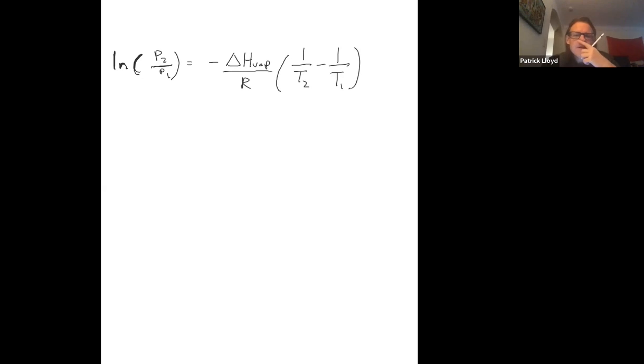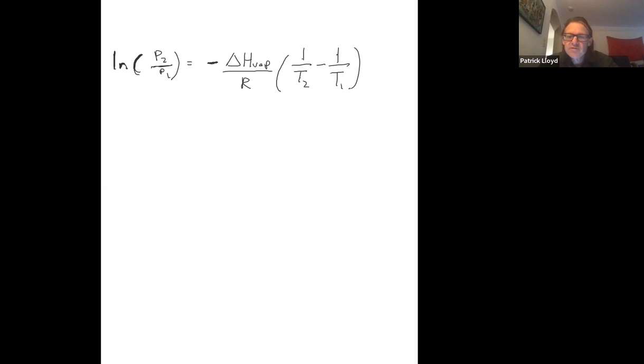Now, it's not uncommon for people to have this be a positive here. But if that's a positive there, then it's 1 over T1 minus 1 over T2. It's just whichever version of that you want to have, okay?